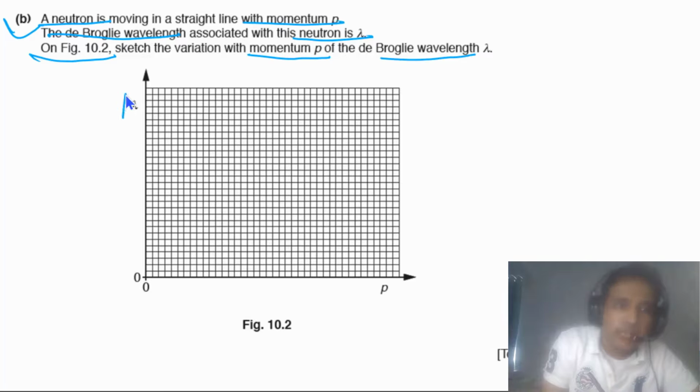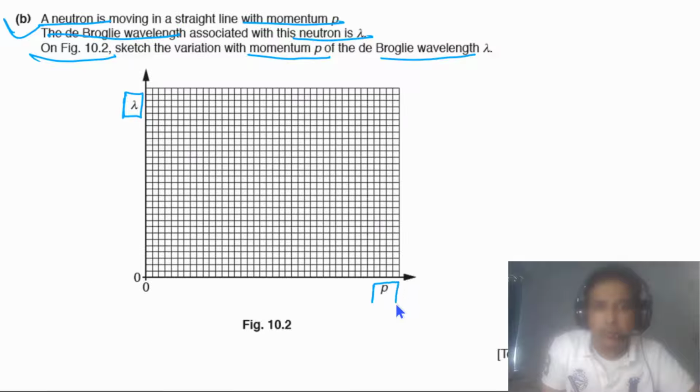For this question, we have lambda on the y-axis and we have momentum of the neutron on the x-axis. According to de Broglie, wavelength lambda is equal to h over p, and this quantity is constant. So it simply means that when momentum increases, the wavelength of the neutron decreases, and vice versa.